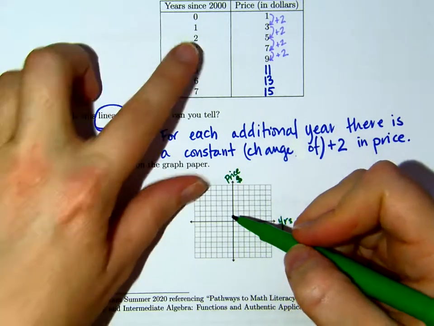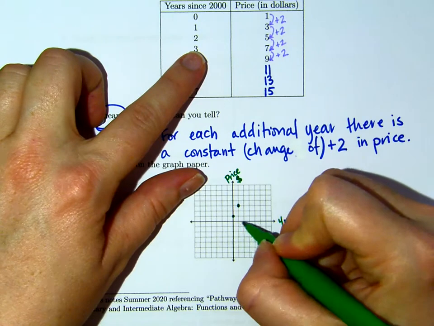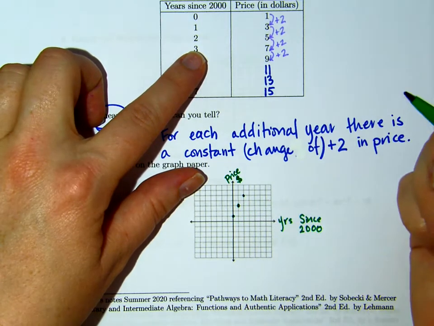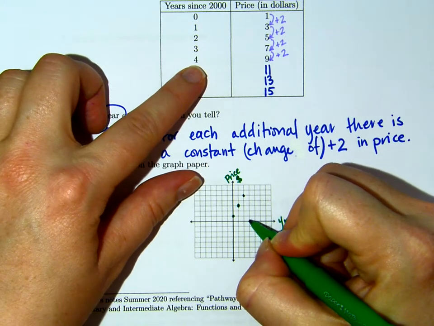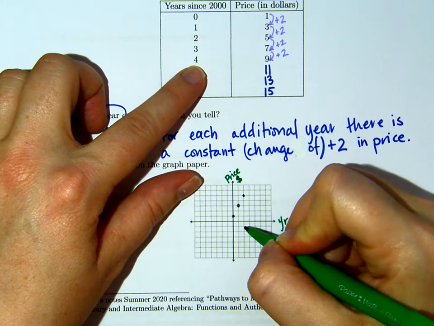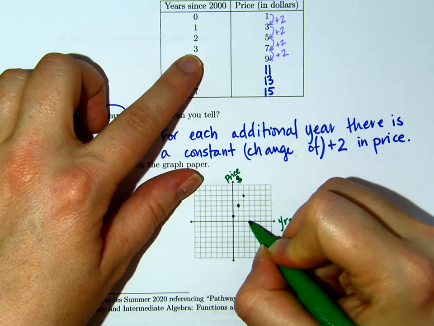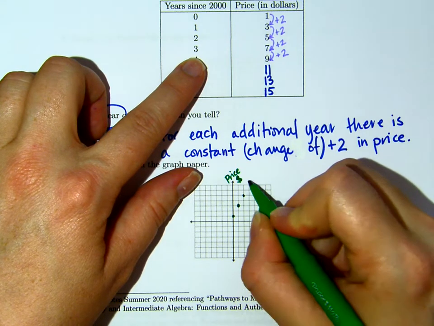Got it. 0, 1, 1, 3, 2, 5 dollars, and 3 and 7.